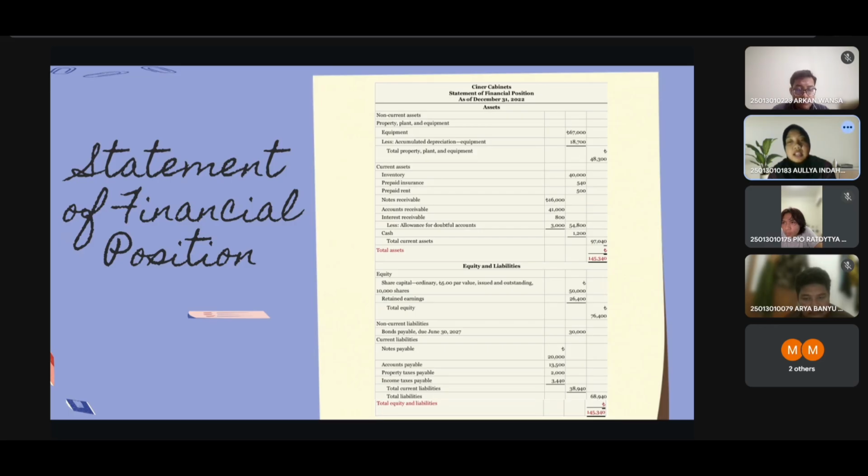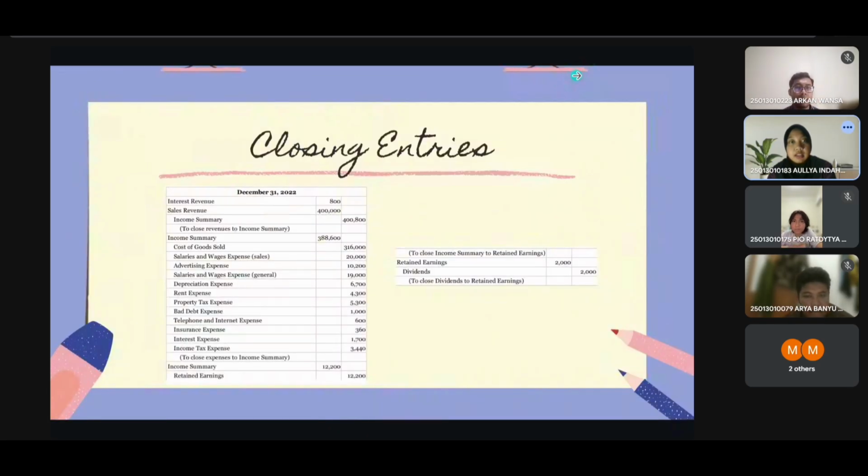Then the liabilities equal 68,900. Then the equity totals 76,400.